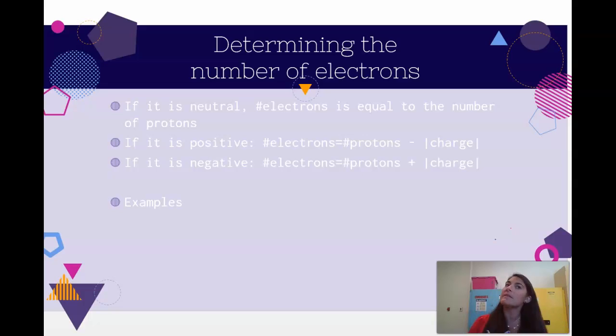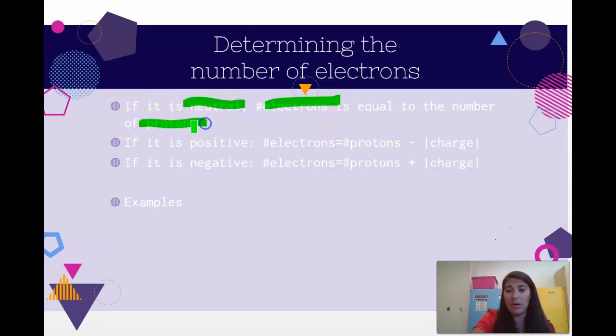Protons are positively charged, electrons are negatively charged. So if you have 5 protons and you need something to be neutral, then you need 5 electrons. If something is neutral, then your protons and your electrons are going to be the same. Neutral, electrons equals protons. Fantastic.